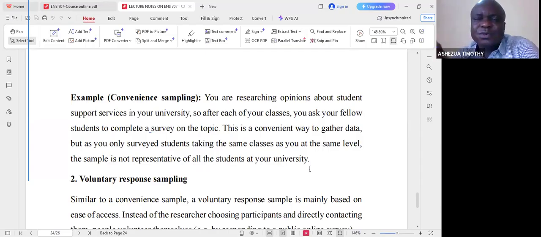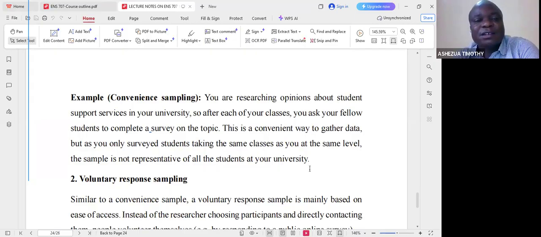I'll give an example. If I am supposed to take a sample of students in the entire university, but as I'm teaching you, I just choose to take samples from you people alone. This is convenience sampling because I know all of you. I just sat here and chose you people and asked you a few questions, and I'm generalizing the information for students in engineering, in civil, in mathematics, in statistics, in computer science, in management.